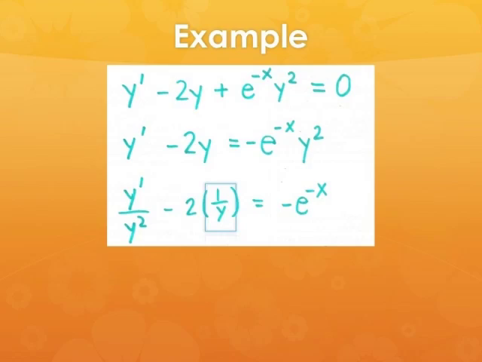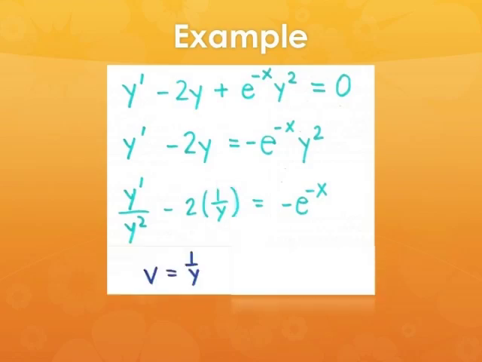To do that, we'll need to make a substitution, and what we'll do is create a new variable, call it v, and we'll let v equal 1 over y. It's just as easy to write v equals 1 over y, but it would be better, because we're going to need to take the derivative of it, to write v equals y to the negative 1 using only exponents.